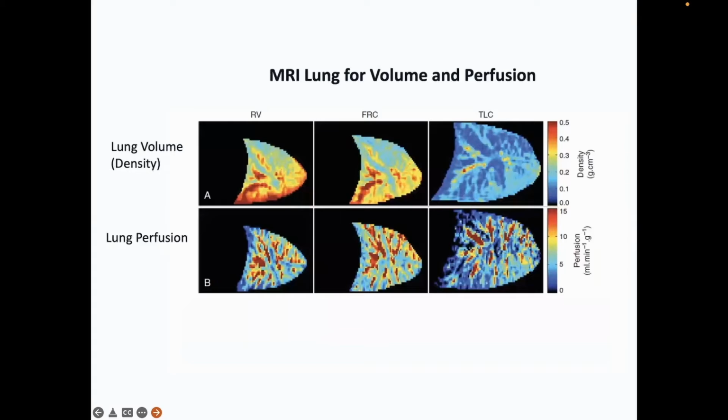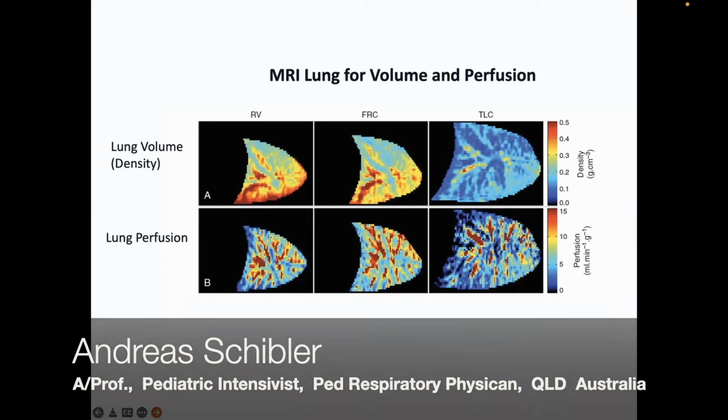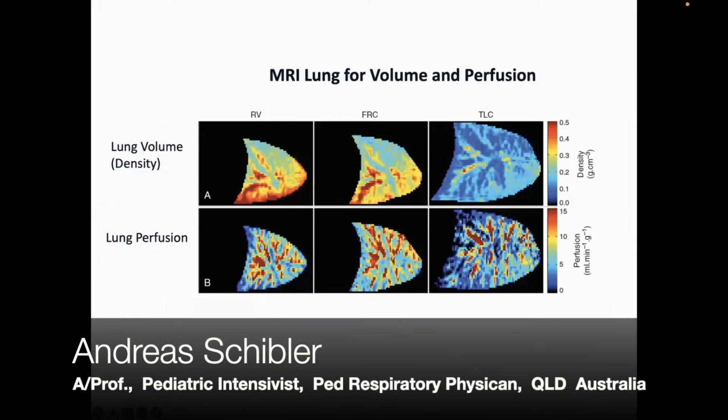Now, with newer imaging technology using MRI, we can actually visualize the ventilation quite nicely, and most of the scanners now have the capacity to measure lung volume, so air inside the lung, and we are as well in the position to measure lung perfusion.